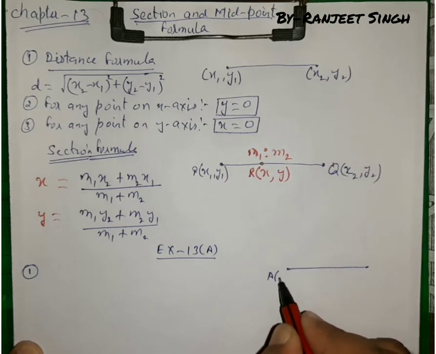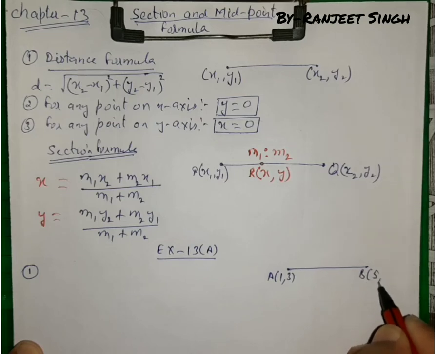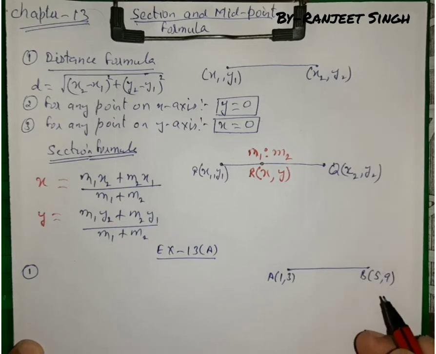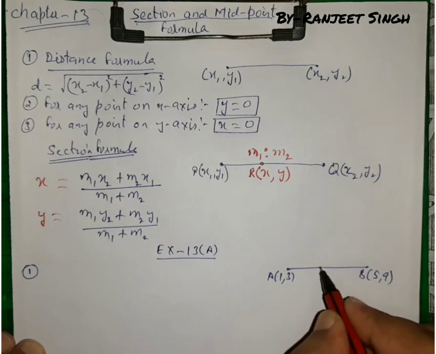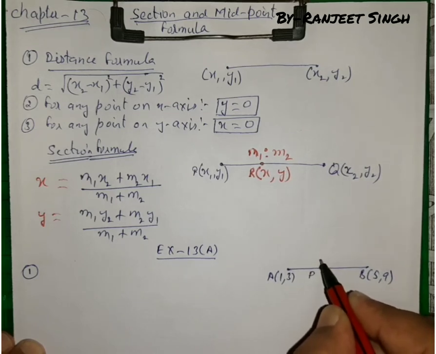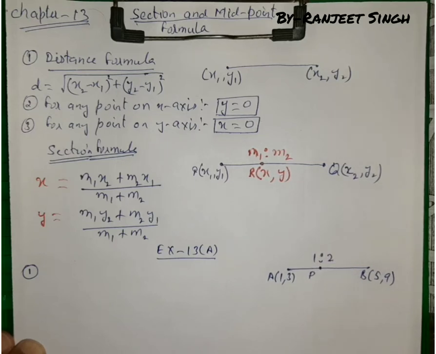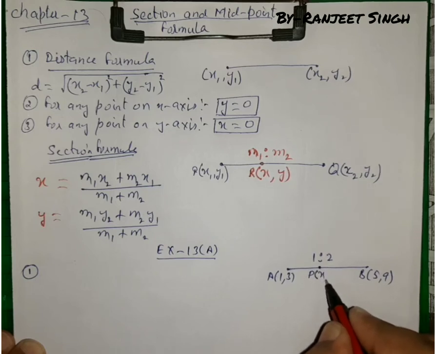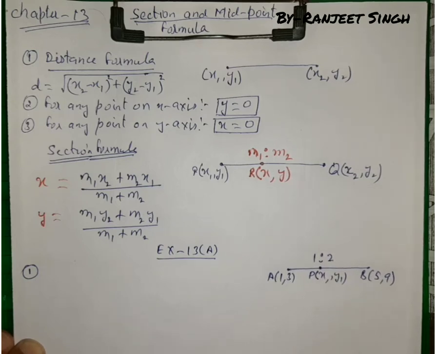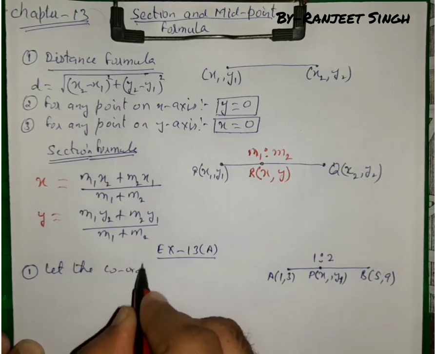Coordinates of point A are 1, 3 and coordinates of point B are 5, 9, and we have to find the coordinates of point P that divides this given line in the ratio 1 is to 2, and we have to find the value of x comma y.